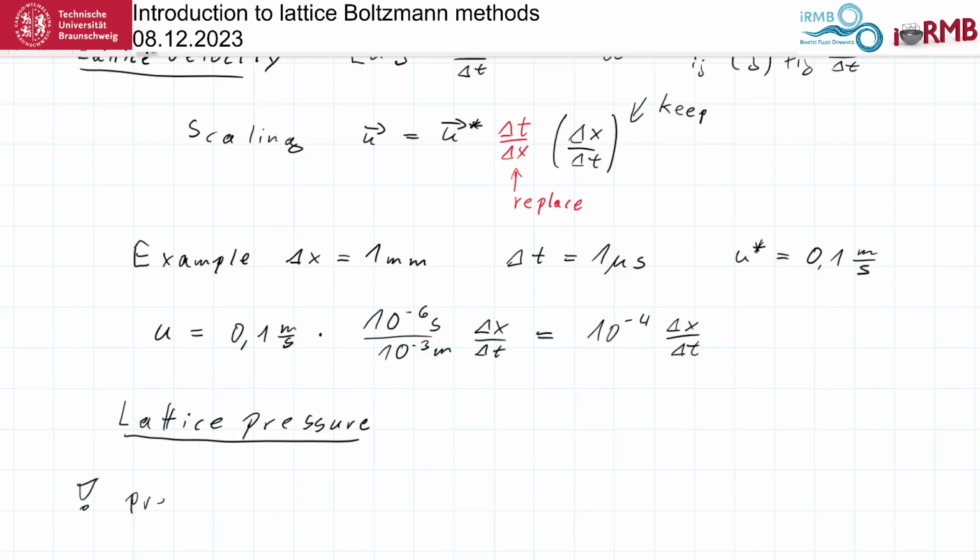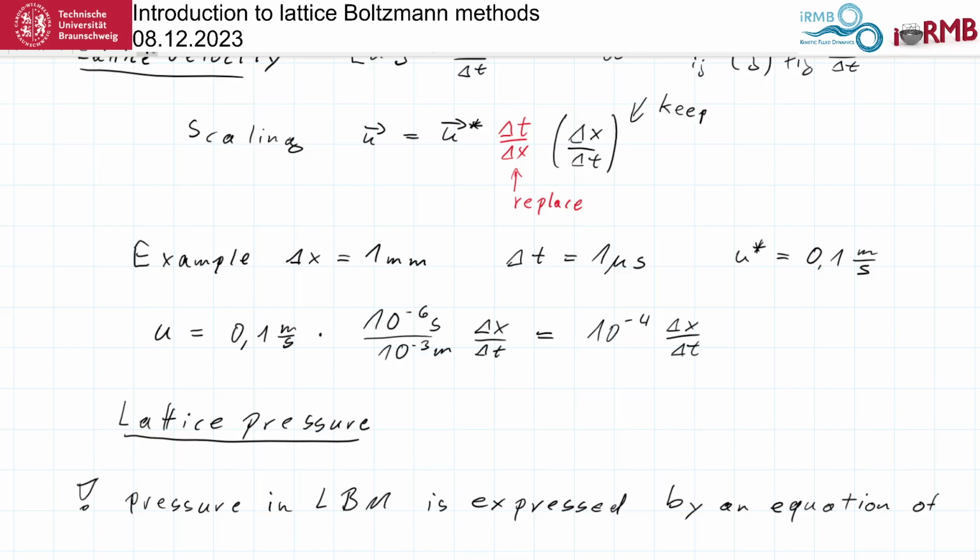So the pressure in LBM is expressed by an equation of state. This is something that the Navier-Stokes equation just ignores.